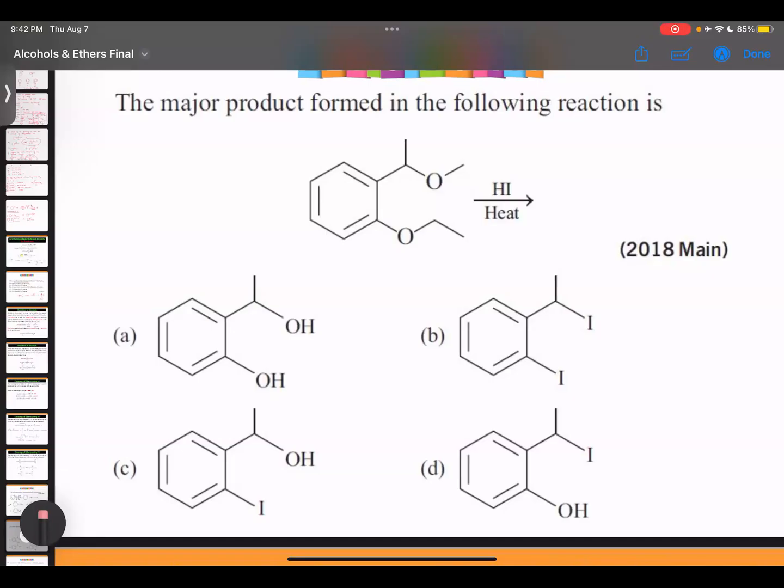Only two options. And then from the two options, you can shortlist the correct one. I hope you can see the question.